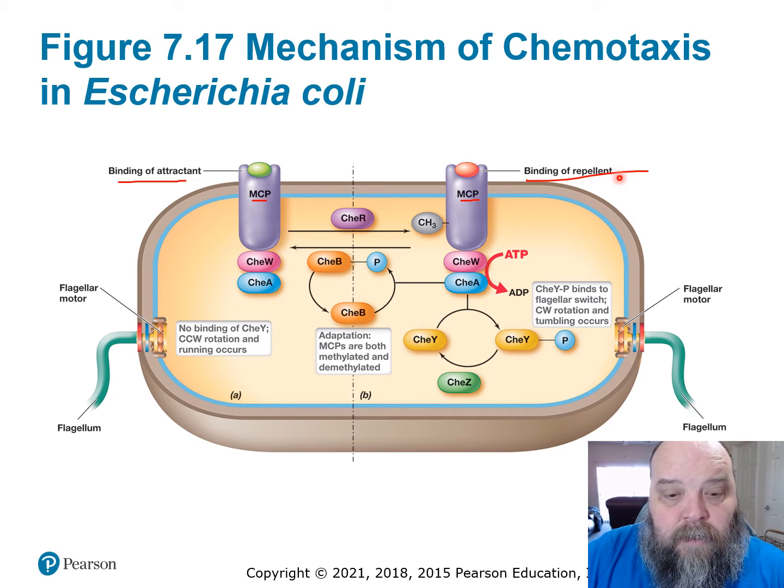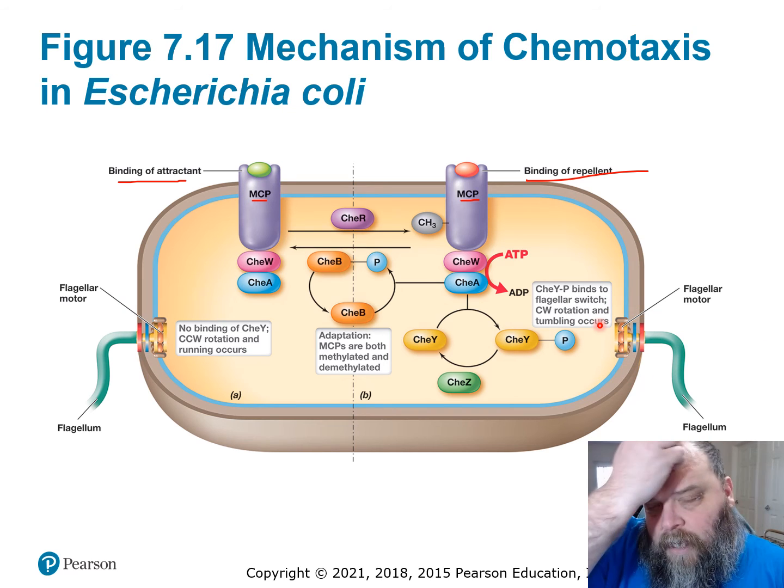The repellent: autophosphorylation, CheW, CheY. CheY will then go and activate proteins associated with the flagella. But here it's causing a clockwise rotation. This started a counterclockwise rotation. This starts a clockwise rotation.